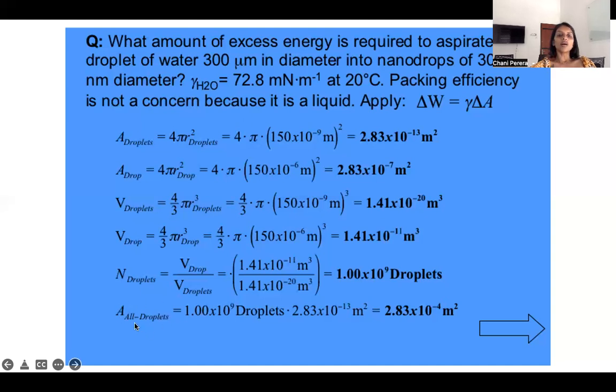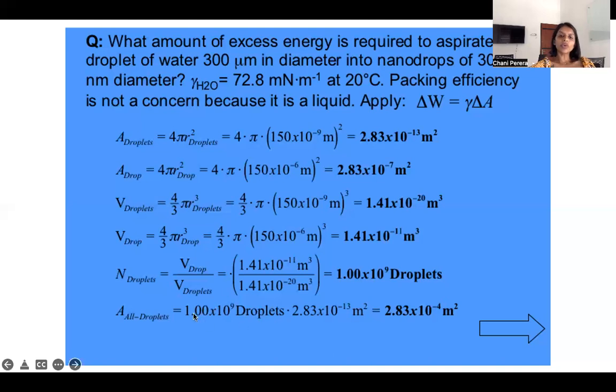So if you know the area of one single droplet with 300 nanometer, then by atomizing the drop, you're creating 10 to the power 9 droplets. Then you can calculate the total surface area of droplets atomized from that 300 micrometer diameter big drop.